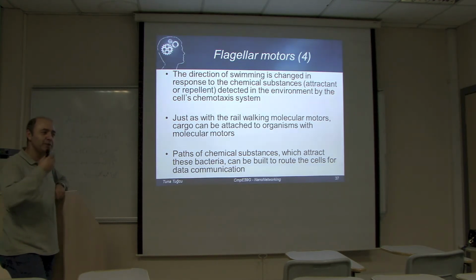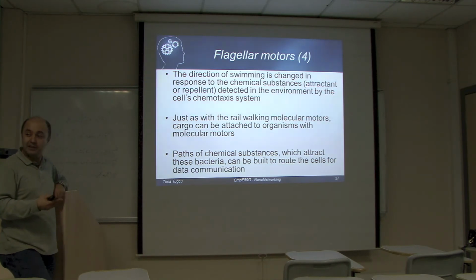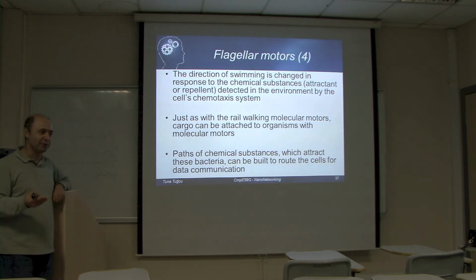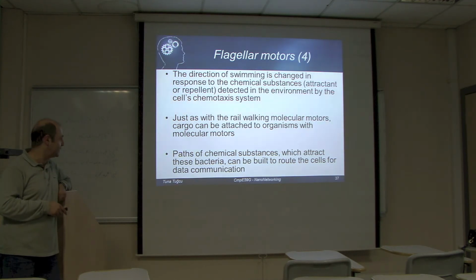That means load information on the bacteria and send it. Now note that the bacteria is making a random movement, so you better have multiple of those bacteria. And hopefully at least one or few of them will arrive at the destination. Paths of the chemical substances which attract the bacteria, the attractants, can be built to route the cells for data communication, so that it will go in a somewhat directed manner, although not linear.